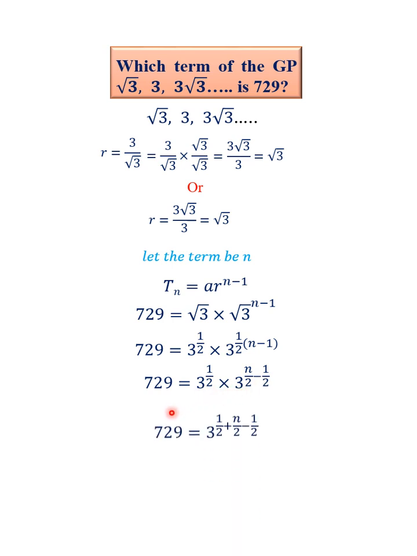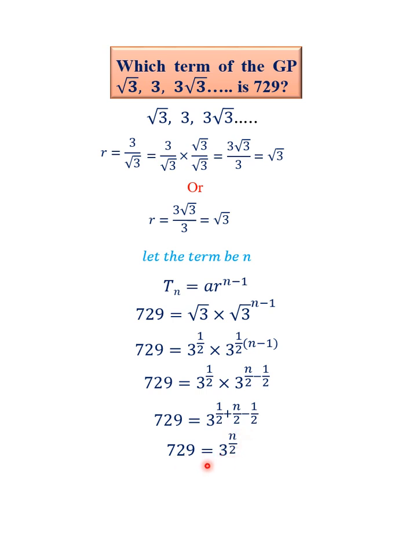So we are just going to take the base 3: 729 is equal to 3 and add up the powers, which is half plus n all over 2 minus 1 all over 2, which is half. So looking at this very well, we have that 729 is equal to 3 raised to power n all over 2, because half minus half is 0, and you will be left with n all over 2. So 729 is equal to 3 raised to the power of n all over 2.